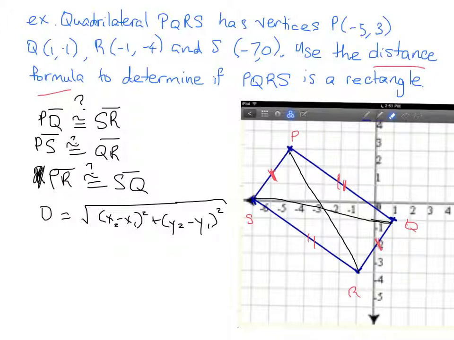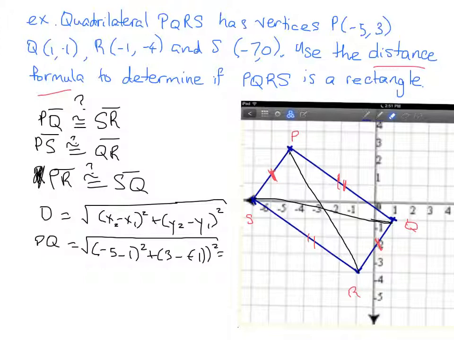In order to find the distance of PQ, we would just plug directly into that formula. And I'm assuming that you already know how to use the formula, so I'm not going to be very explicit. I'm just going to plug in here, -5 minus 1 squared plus 3 minus -1 squared. And when you work that out, you should get the square root of 52.